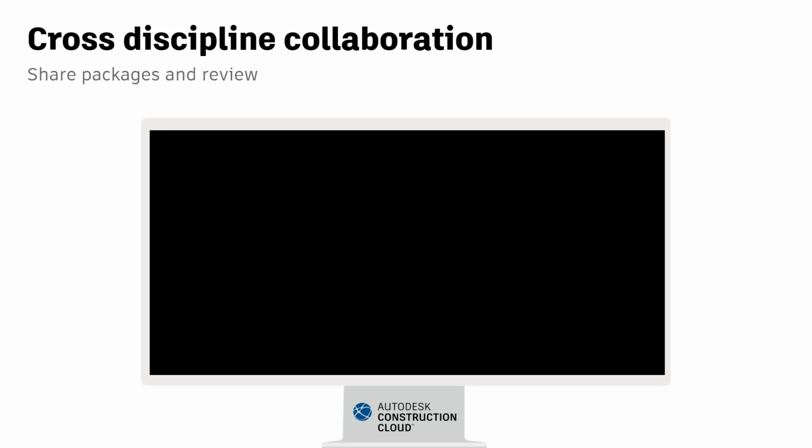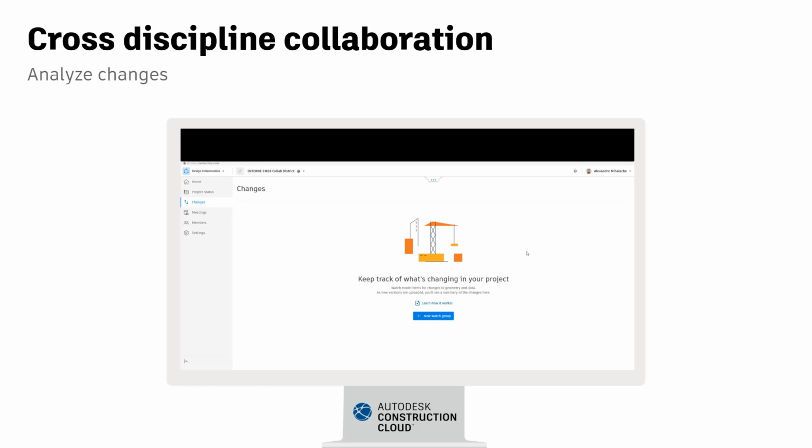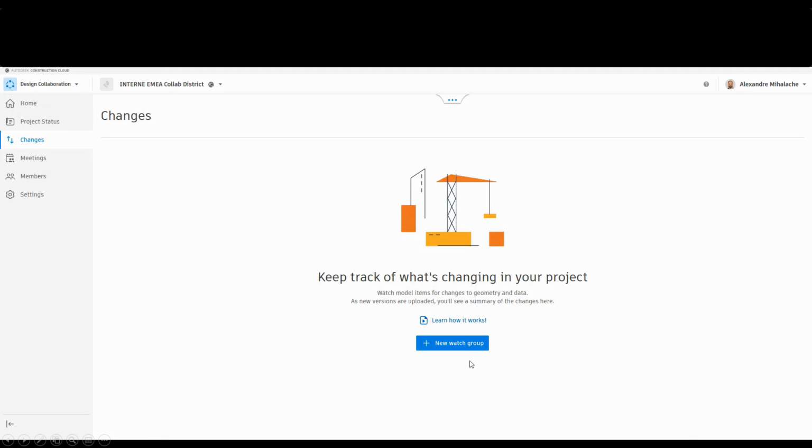So these are intelligent models that we can check for review in a web browser in the design collaboration module. The next step would be to analyze changes of these shared packages. So this is what this short video is about.